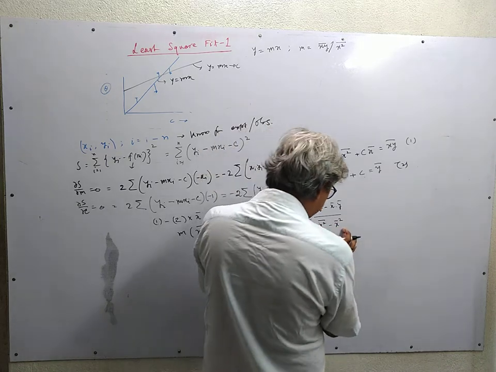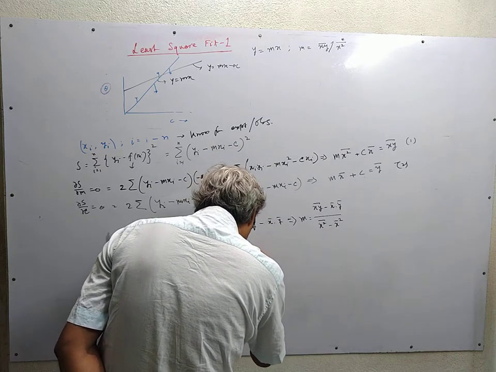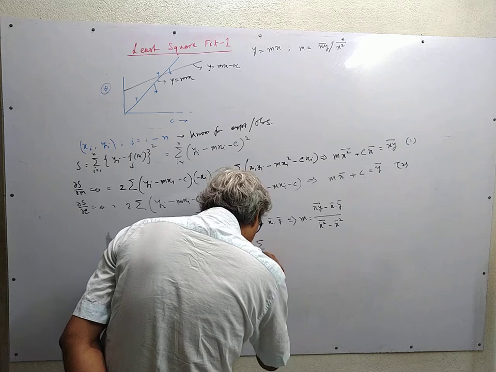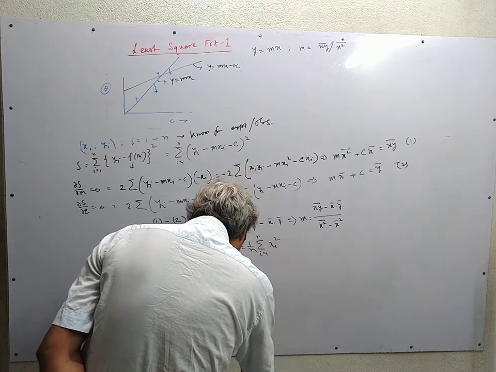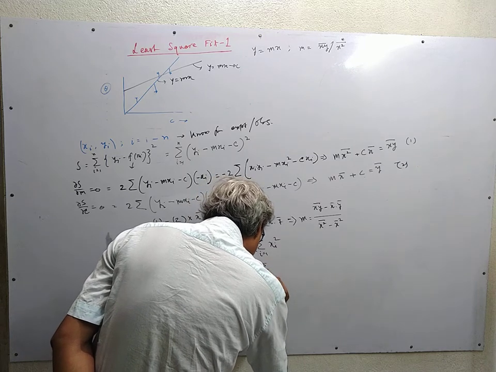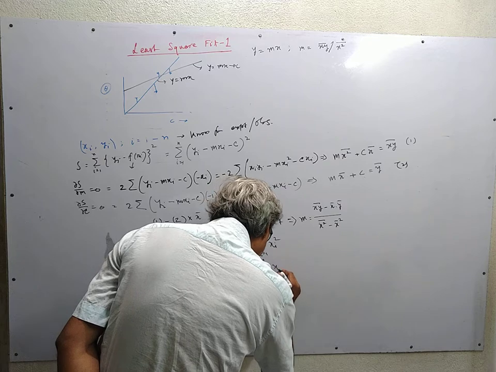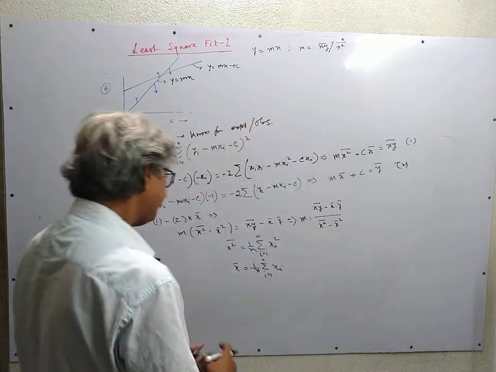Just note the difference between these two. X square average means 1 by n summation over i is equal to 1 to n xi square, and x average is 1 by n summation over i is equal to 1 to n xi. First we calculate this and then make it square.